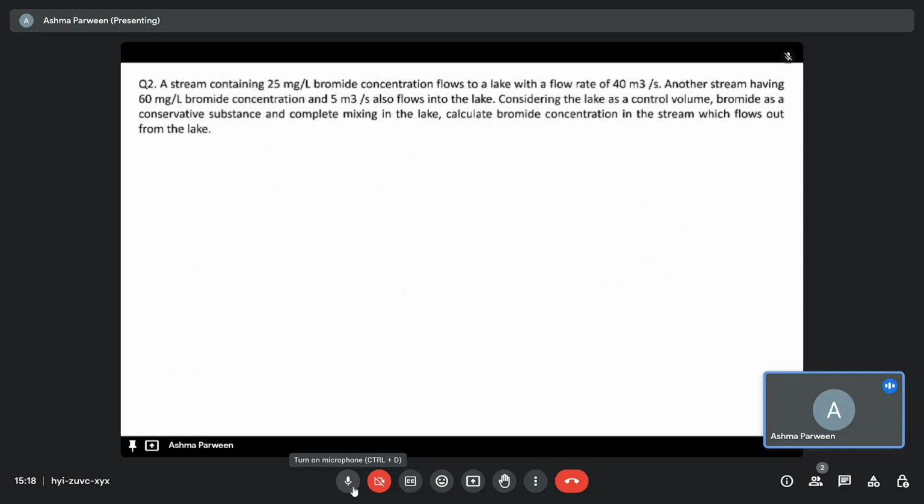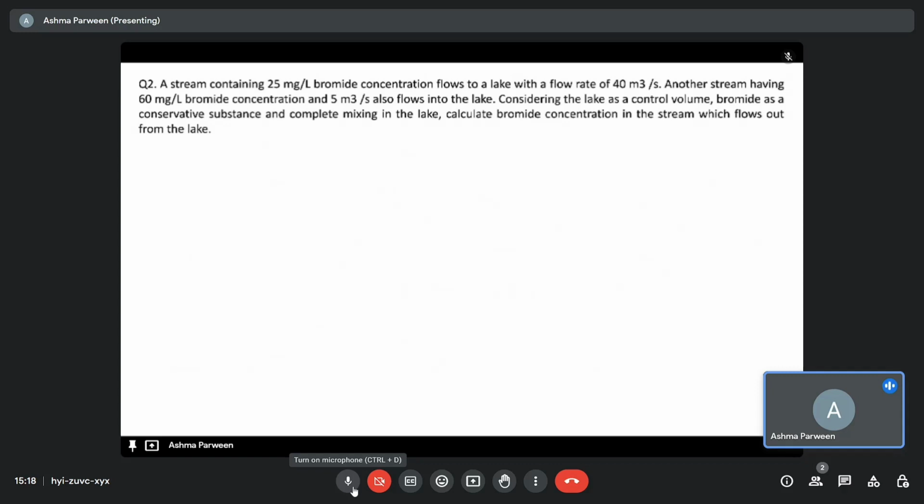So this question is based on the material balance or mass balance in any system. The question is: a stream containing 25 milligrams per liter of bromide concentration flows to a lake with a flow rate of 40 meter cube per second. Another stream having 60 milligrams per liter bromide concentration and 5 meter cube per second flows into the lake.